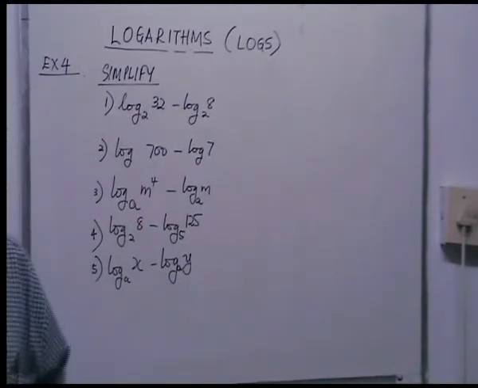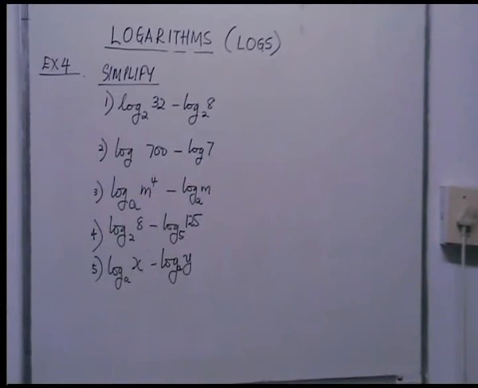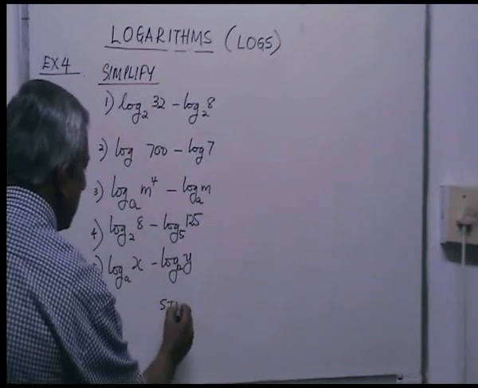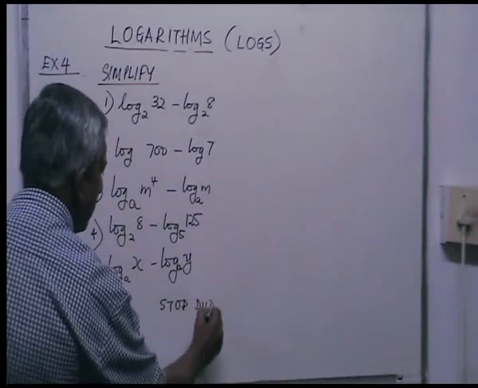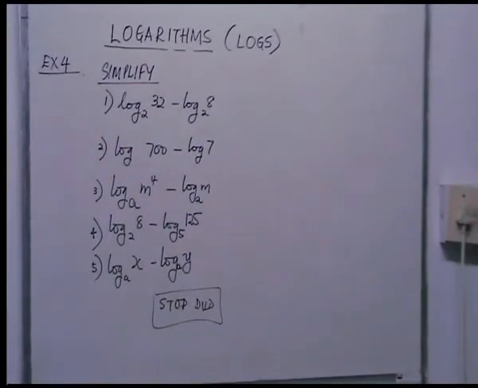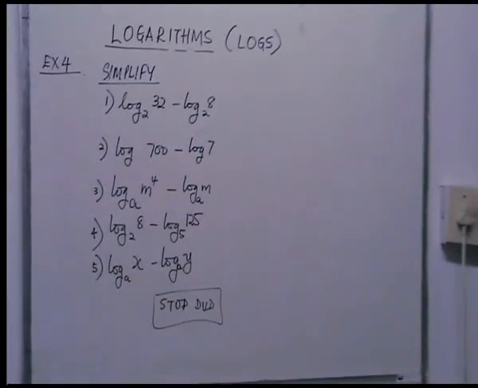Alright, here are 5 little examples that should keep you busy for just 5 minutes. Try them and come back to mark. So let's say here, stop, DVD, take the questions down, work them out, and come back to mark them.